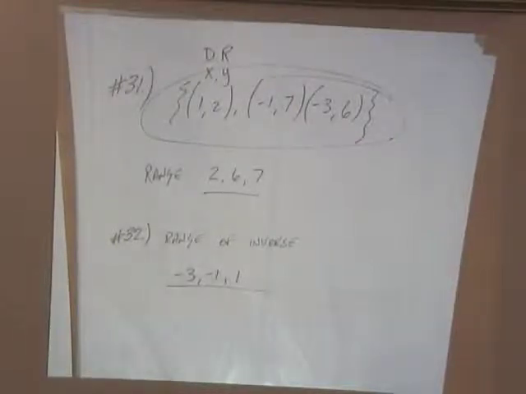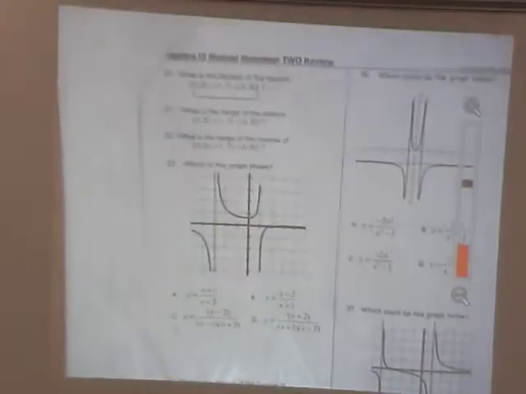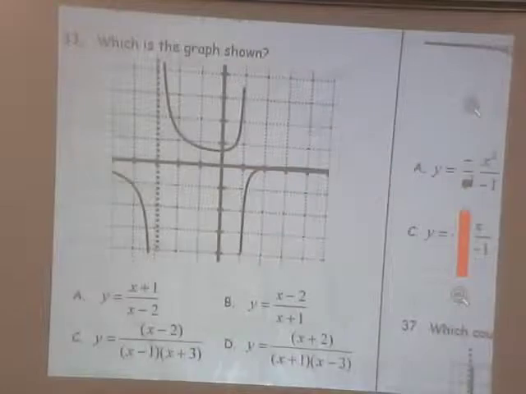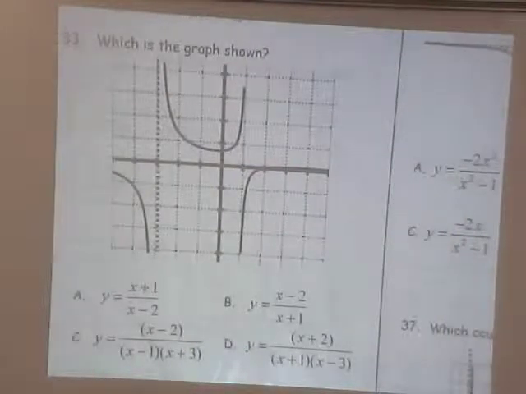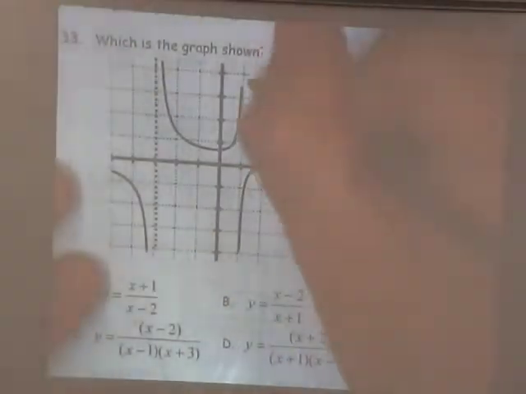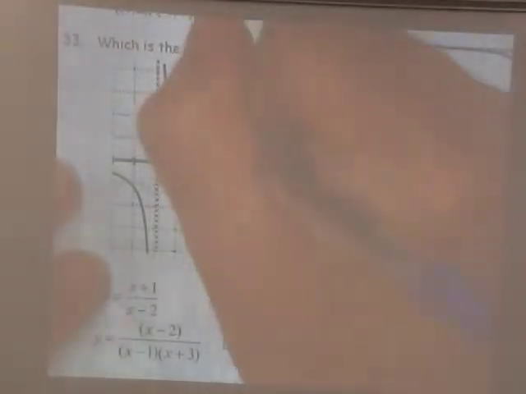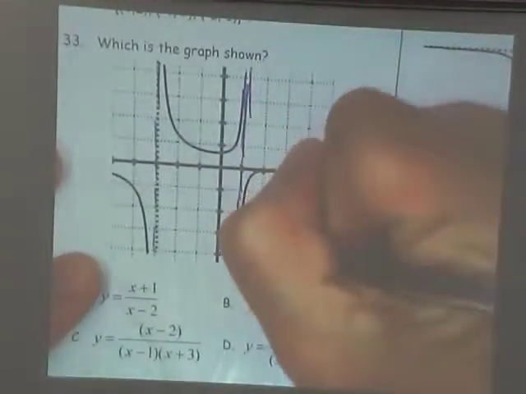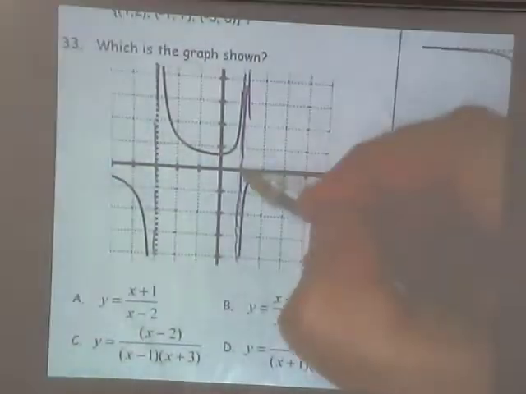Questions? All right, 33. Which is the graph shown? We've got vertical asymptotes here and here, right? What's the equation of this vertical asymptote? This one here.